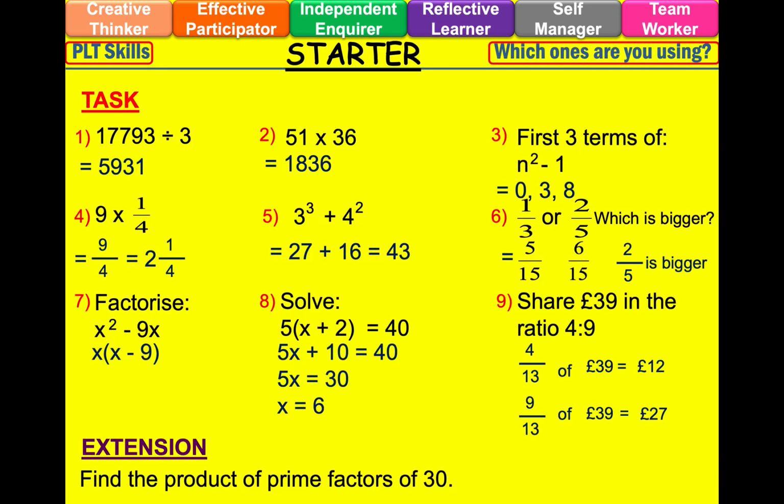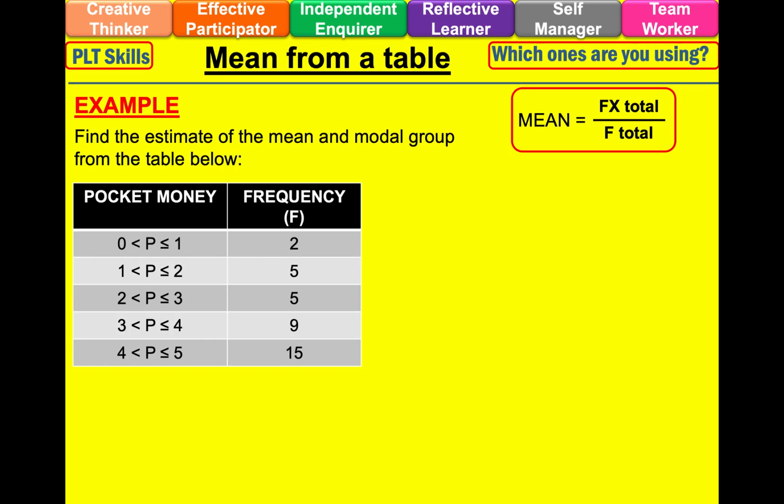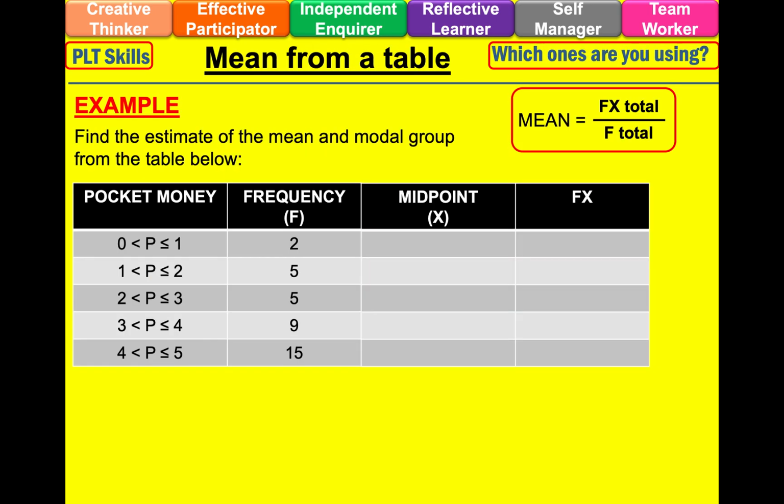Let me explain this quickly again for you. This was the original data set. The first thing you have to do is add two columns, midpoint and f of x. For the midpoint, you work out the midpoint of each data. Midpoint of 0 to 1 is 0.5, halfway through, and you can work out all of them. And f of x, to work this out, you multiply frequency times midpoint.